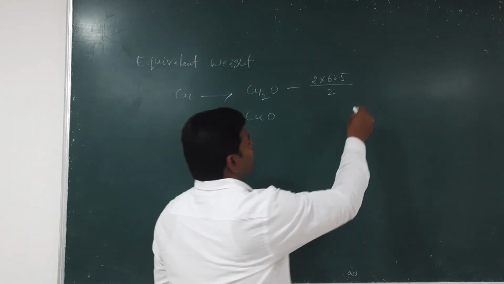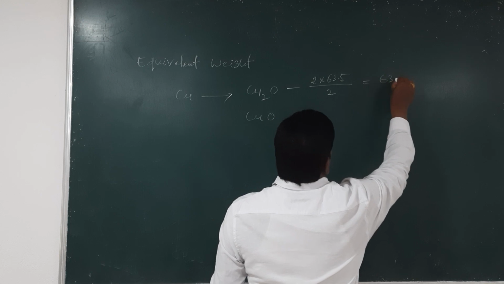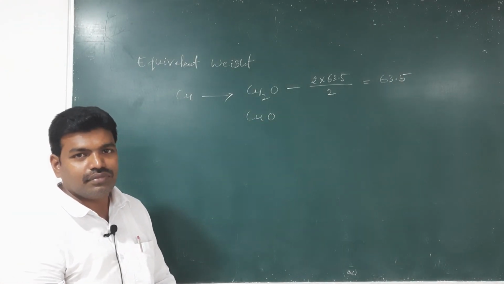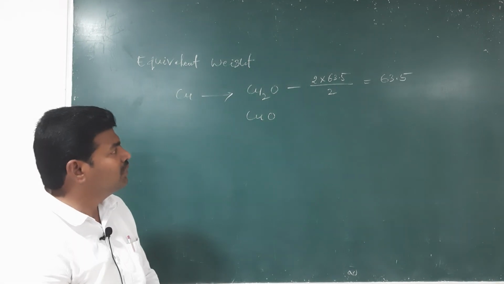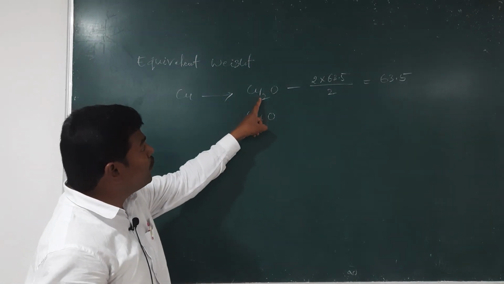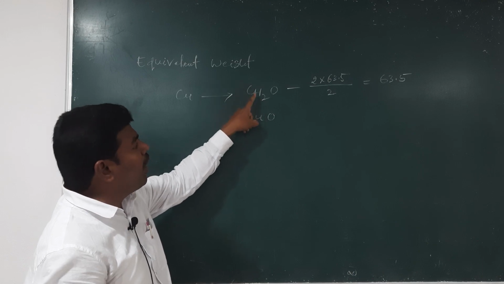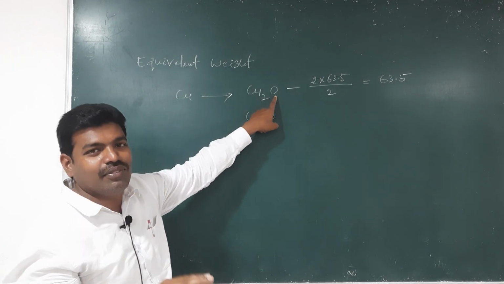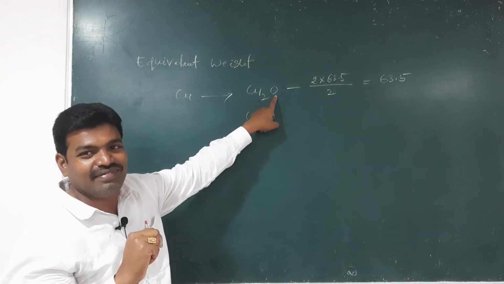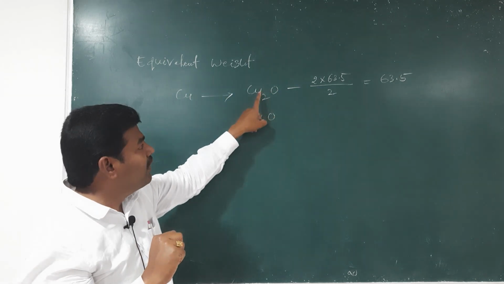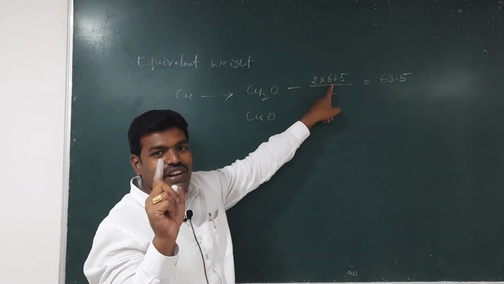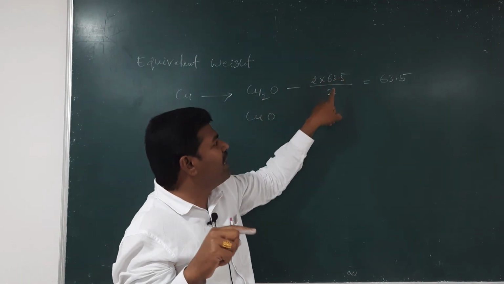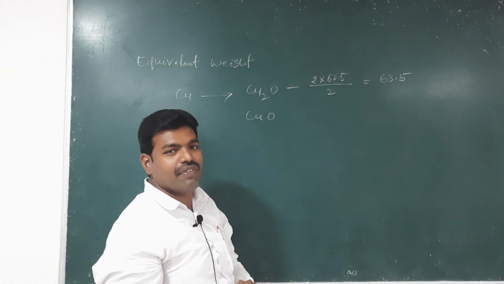Then we can get the equivalent weight of copper in cuprous oxide is 63.5. Now that means 2 equivalents of copper reacts with 2 equivalents of oxygen. So 2 into 63.5 by 2 is equal to 63.5.